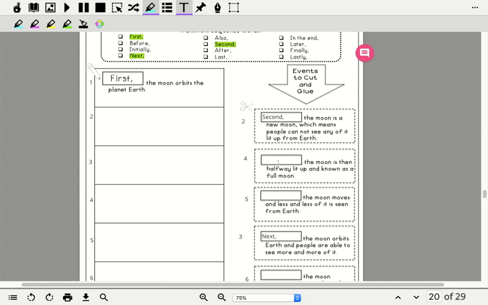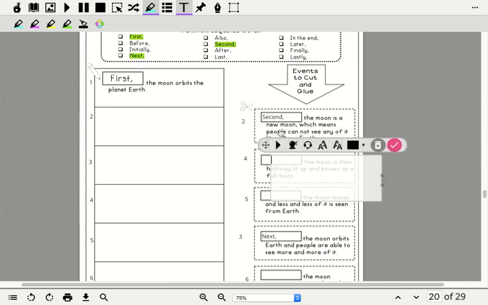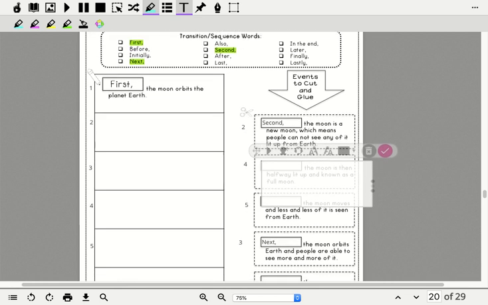A good transition word for this, we could use later. I don't see the word that I want to use. So we have first, second, next. So see, some of these don't all make sense.